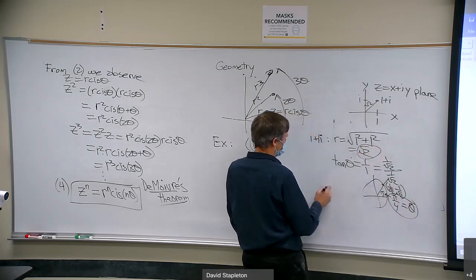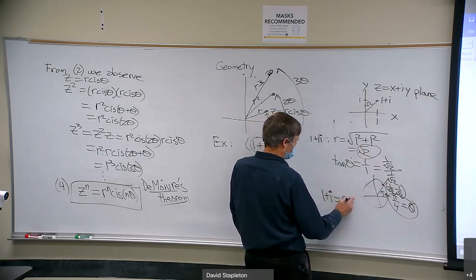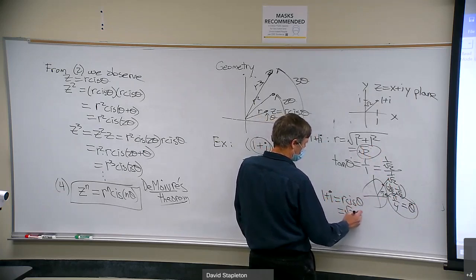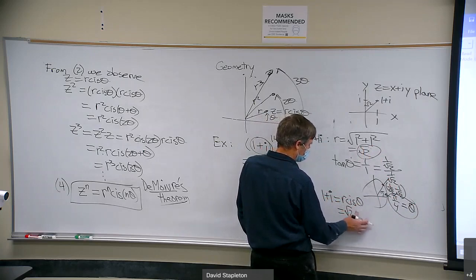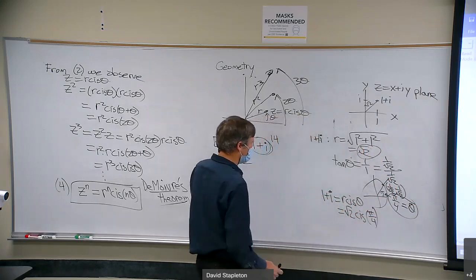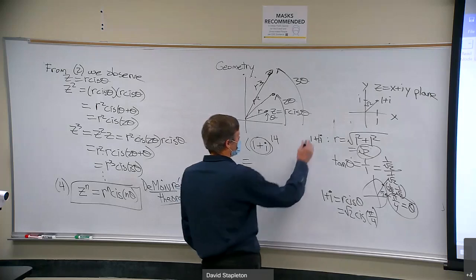And we can rewrite 1 plus i as r times cosine theta plus i sine theta, which is square root 2 times cis pi over 4. So this is the polar form.